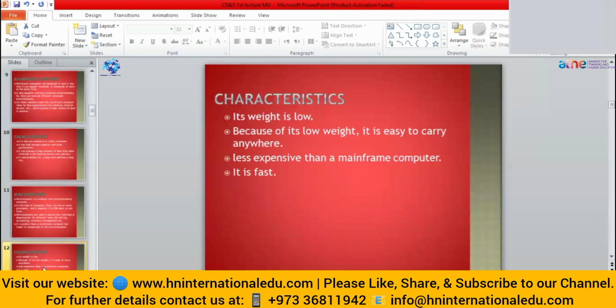As they are smaller in size, they are lighter in weight, so they are portable as compared to mainframe computers, and we can easily shift them from one place to another. As we discussed, those who have a lower budget can utilize minicomputers. Because they are less expensive, they are faster as compared to the microcomputer, but slower as compared to the mainframe computer.